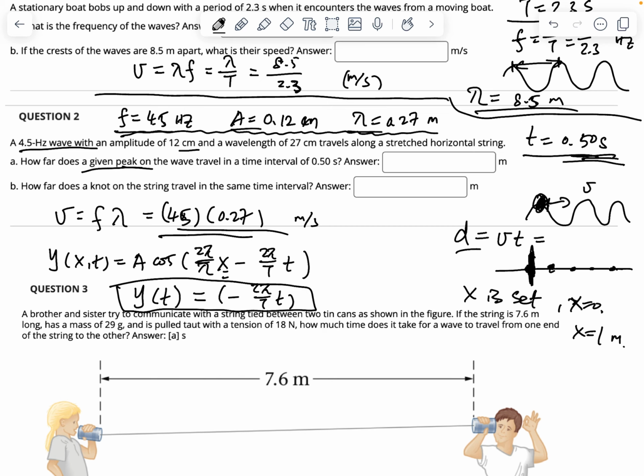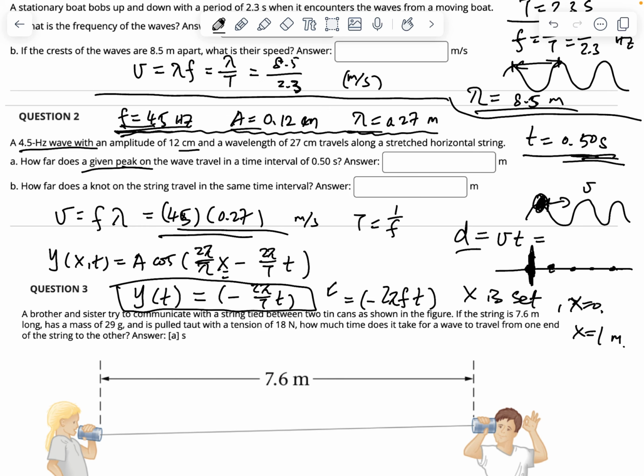First you have to figure out what the period is. Period equals 1 over frequency. So you have a frequency, then you can figure out the period. So you plug into this equation, and this equals basically negative 2 pi f t.